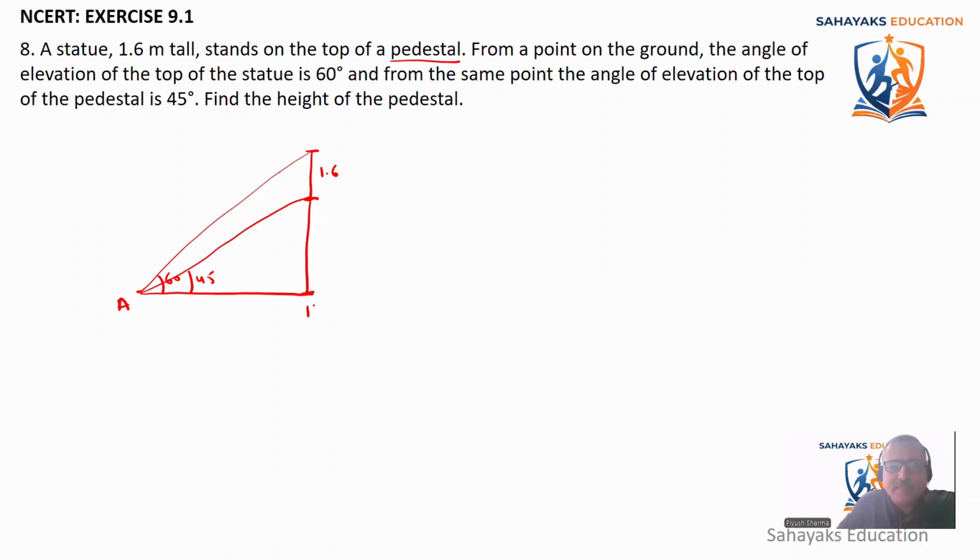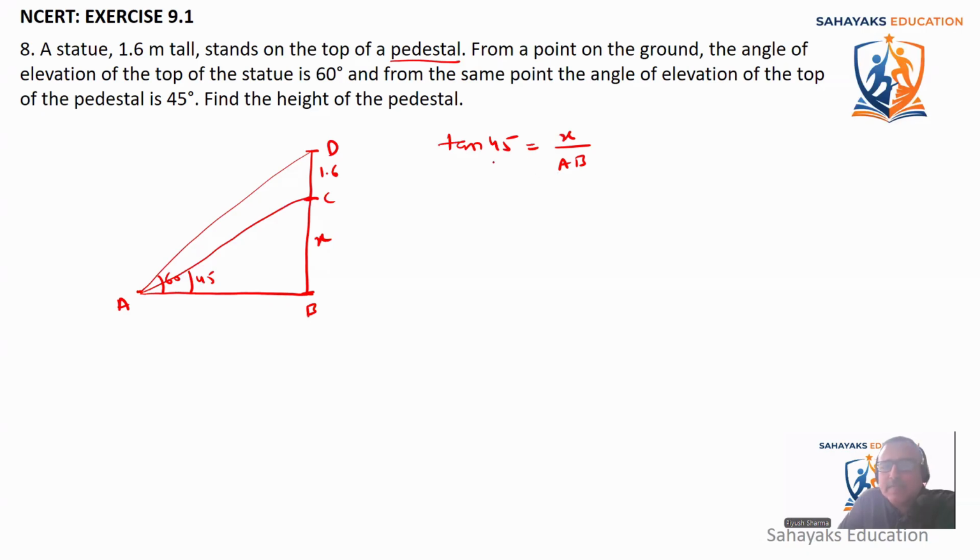So it is A, B, C, and D. Let's find it. If this distance is X, we'll say tan 45 is equal to X divided by AB, because we have to find X. X is the height of the pedestal.